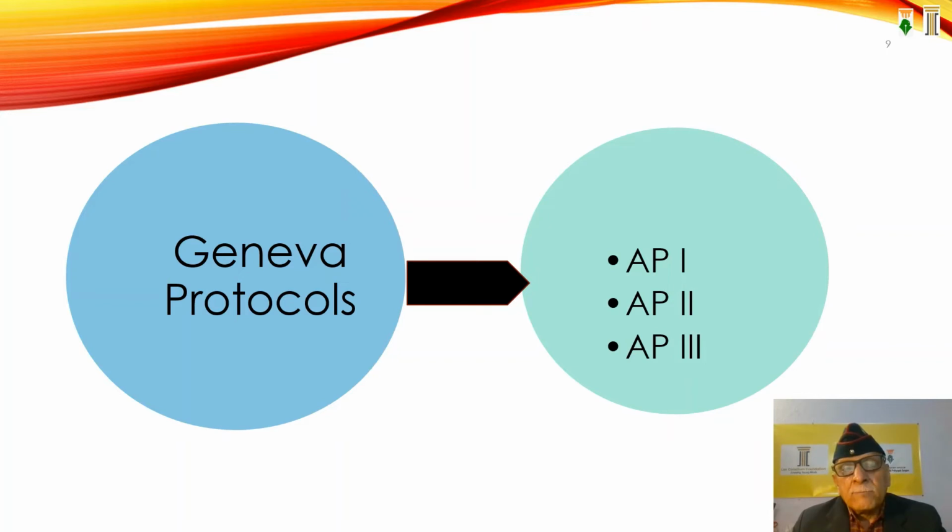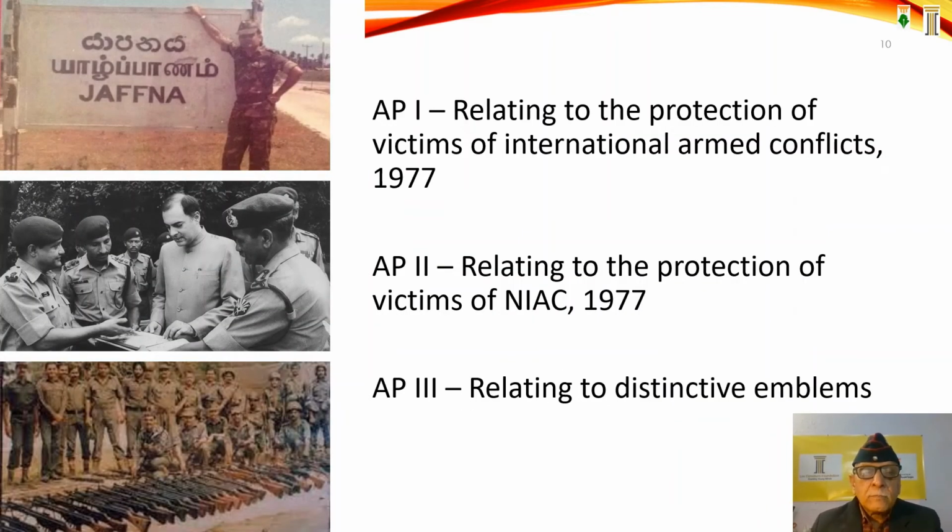This is the protective emblem which is worn by the medical personnel or the religious personnel in a combat zone. As indicated, AP1 of 1977 vintage relates to victims of international armed conflict. The next is protection of victims of non-international armed conflict, and AP3 the distinctive emblem.